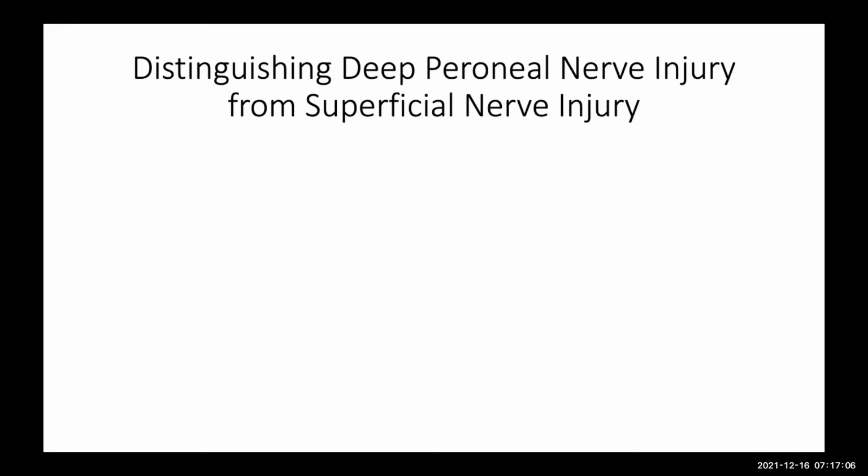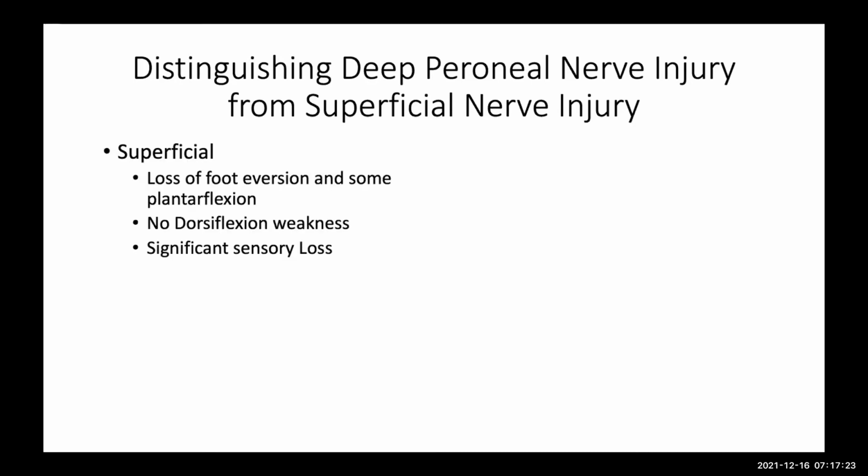Is there any difference in the muscles that you can think of, the type of weakness that you would notice? Deep peroneal is maybe like the EHL. Yeah. Mm-hmm. Good start.